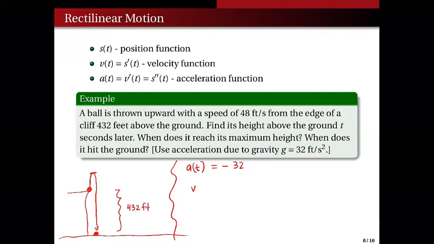This means that our v of t is equal to negative 32t plus a constant. But it is said the speed is 48 feet per second. The speed is just the magnitude. In fact, it's the absolute value of the magnitude of this v of t. Which means that v of 0 is given to be 48.